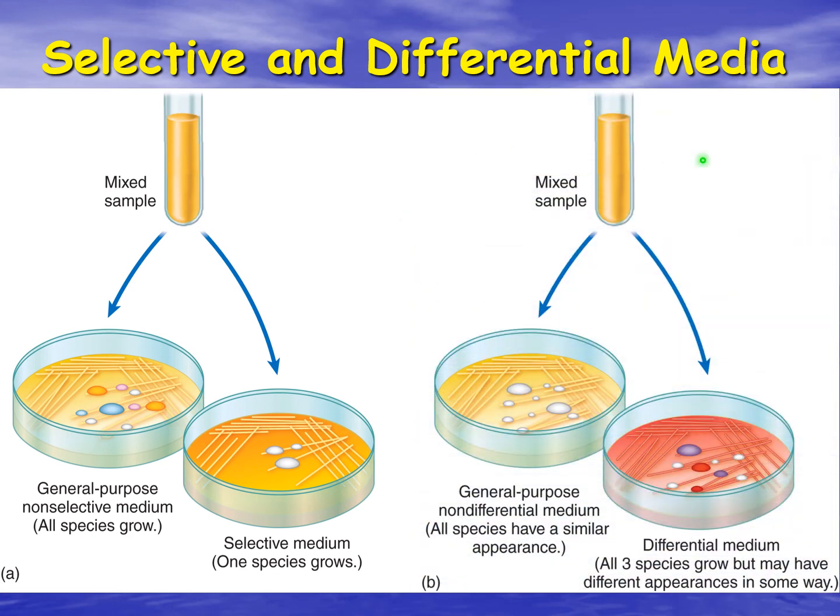Same scenario, here I have my general purpose mixture on a general purpose growth plate, and I've got different organisms and they all look very much alike. But if I were to put them on a differential media, I can see that actually I have three different species that appear different from each other on that differential media. So there is a difference that is shown between the different organisms.